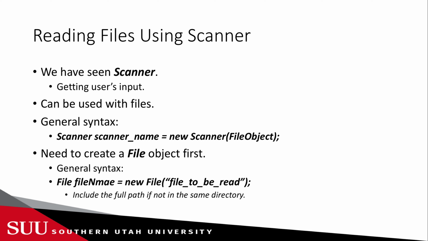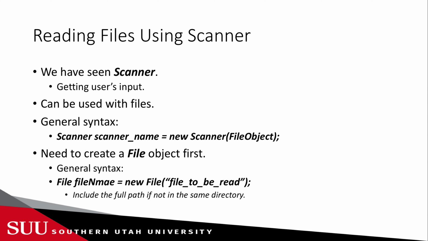The general syntax is to create a Scanner object as usual: Scanner followed by the Scanner's name is equal to new Scanner. But this time in the parentheses, instead of typing System.in, we will give it what we call a File object.